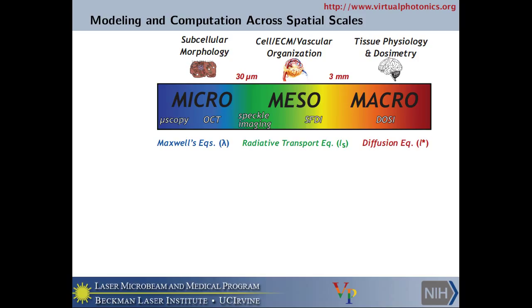Ls here designates the characteristic spatial scale of single scattering events, meaning the mean distance that light will travel within tissue before it encounters a scattering event. Depending on the tissue, that's on the order of 10 to 100 microns, typically in the visible or near infrared. So the transition from needing to invoke Maxwell's equations to being able to get away with radiative transport really happens on spatial scales that are comparable to Ls.